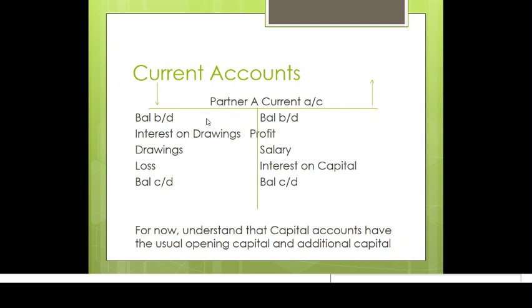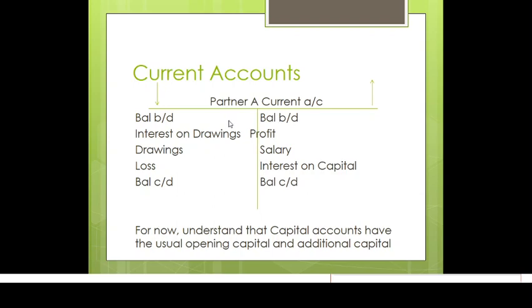For example, if the partner has taken so much money out, more than what they have in their current account, then they will owe the business. And if a partner has been very good and kept all their money in the company, then the partnership will owe them. So you have a positive and a negative. That one is a little bit tricky to understand, but hopefully with some practice you'll get the hang of it.